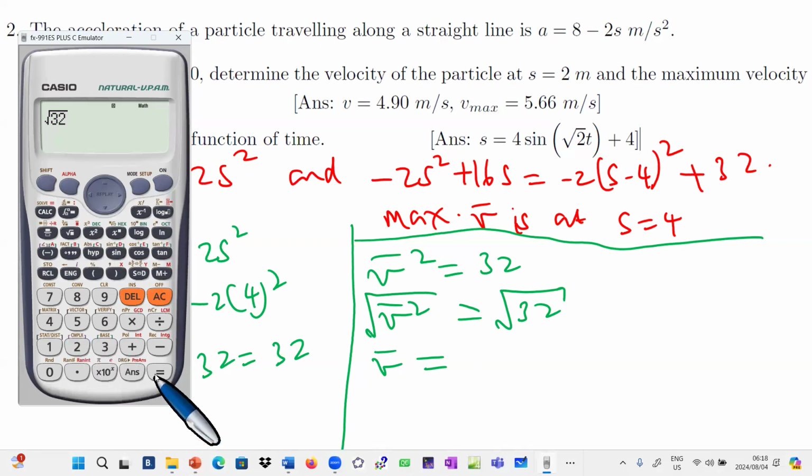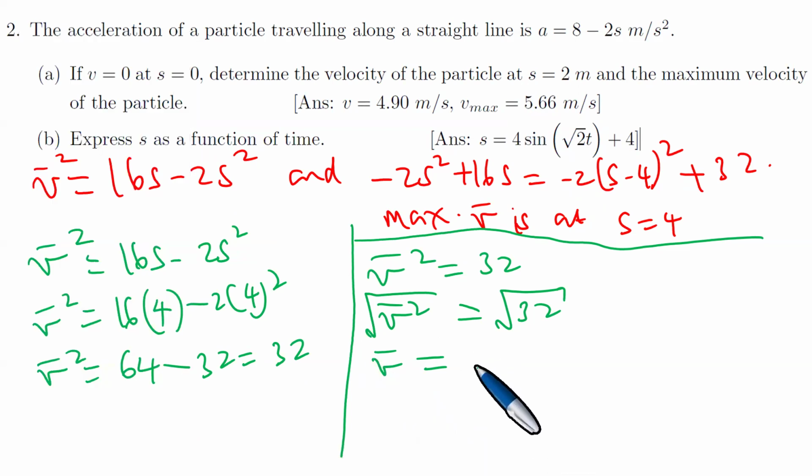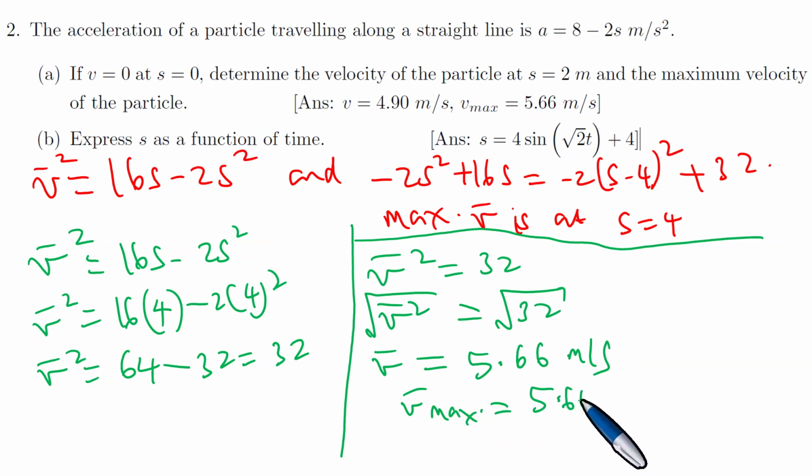The square root of 32 is 5.657, which is 5.66 meters per second. So we can see, therefore, that the maximum velocity, Vmax, is 5.66 meters per second.